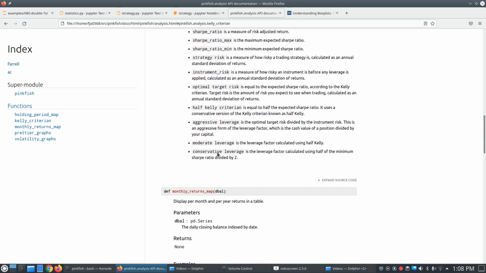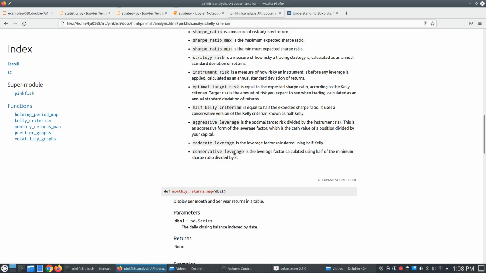And so the conservative leverage is basically the half Kelly or the moderate leverage, but it calculates a minimum for the Sharpe ratio using the Sharpe ratio minus 3 standard deviations of the Sharpe ratio, and so then it uses that, and you get a lower number.